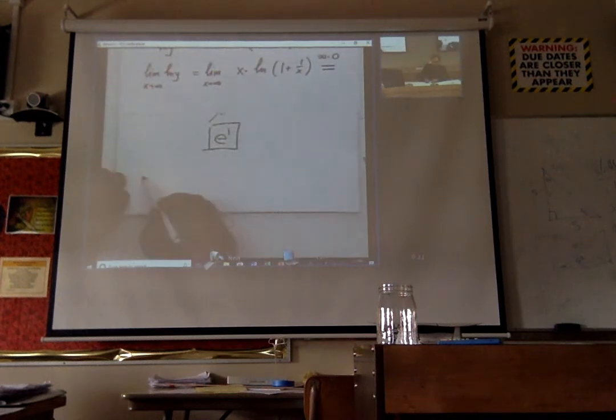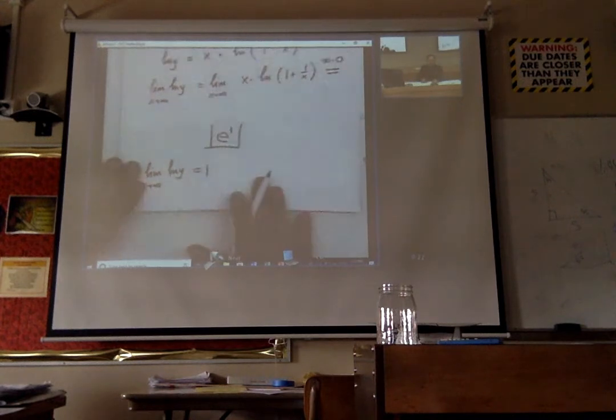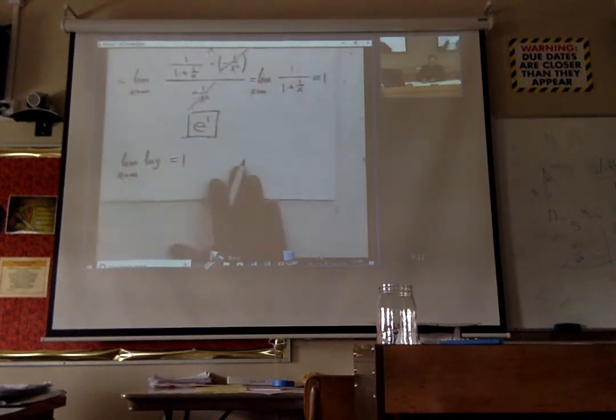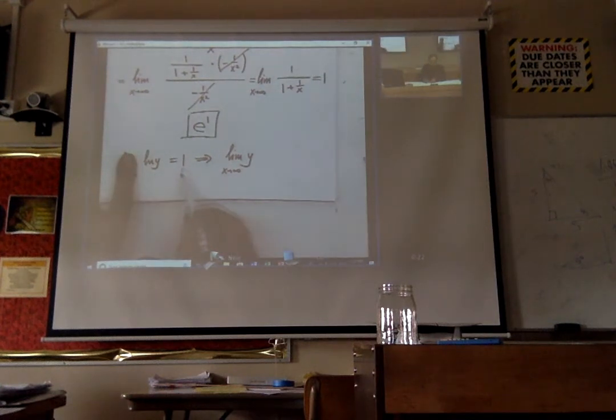So we have the limit of natural log of y as x approaches infinity is 1, because you found it was 1. But you want to know what the limit of y is. In that case, you have a simple equation to solve. Natural log of y equals 1, right? So the answer is just E.